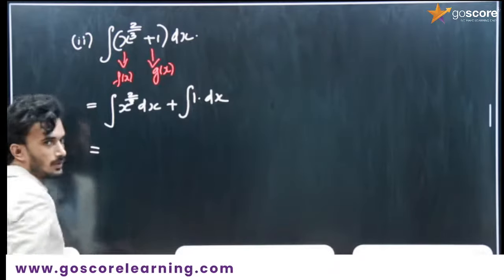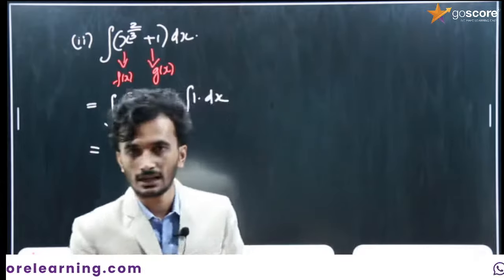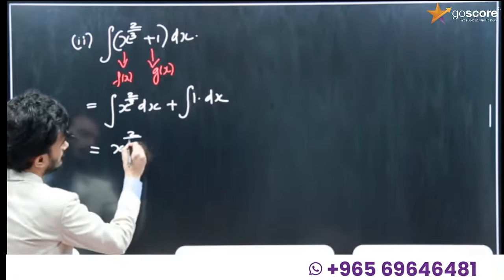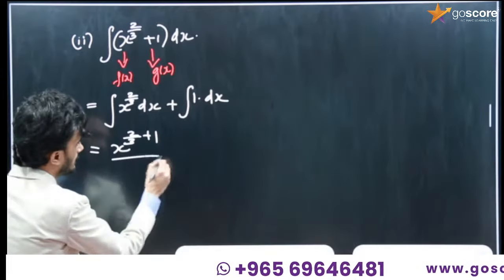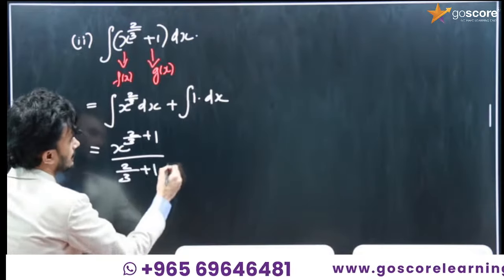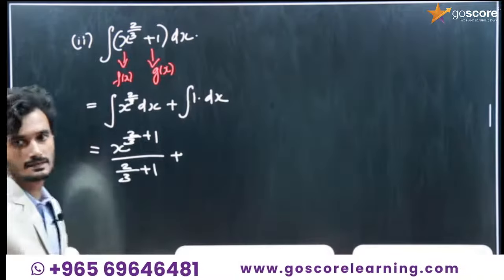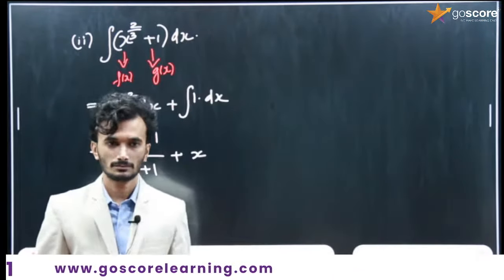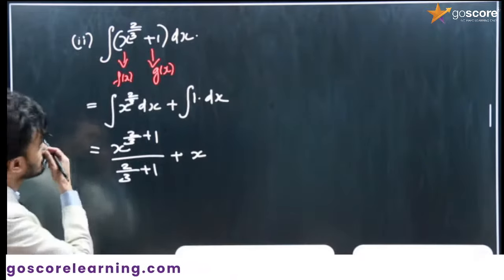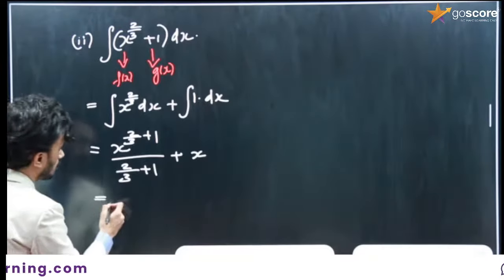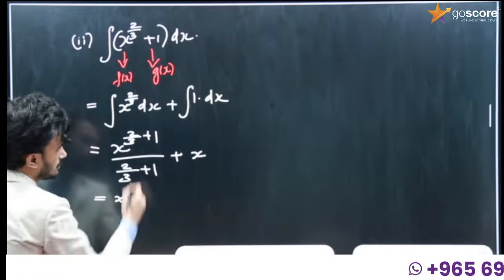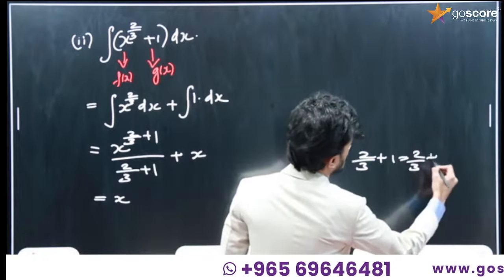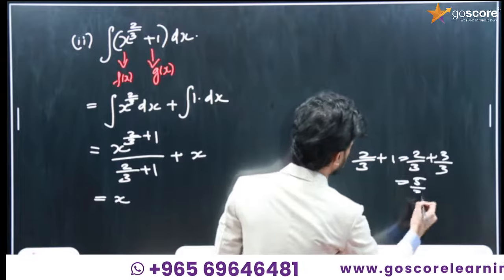Integral of x raised to n is x raised to n plus 1 divided by n plus 1. So x raised to 2 by 3 plus 1 divided by 2 by 3 plus 1, plus integral of 1 dx. 1 dx means it is x. So it is x raised to 2 by 3 plus 1, which is 2 by 3 plus 3 by 3, 5 by 3.